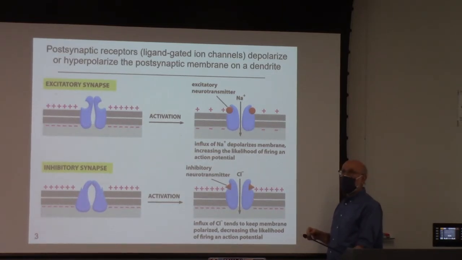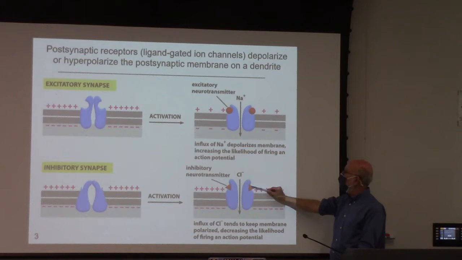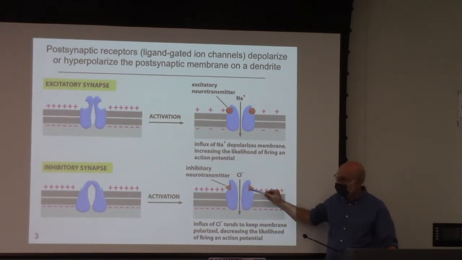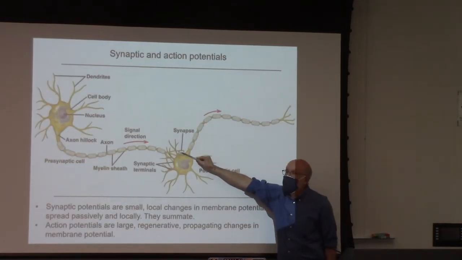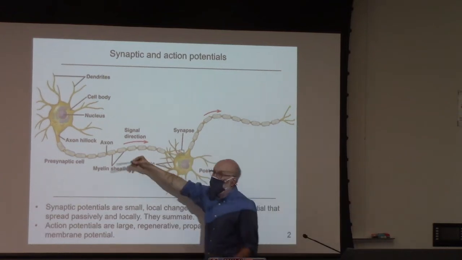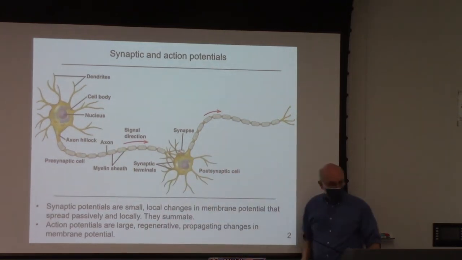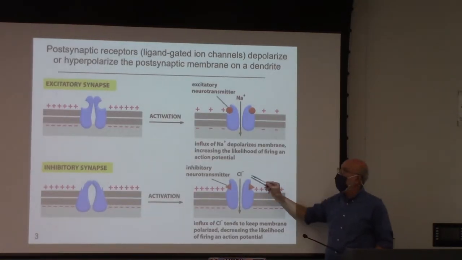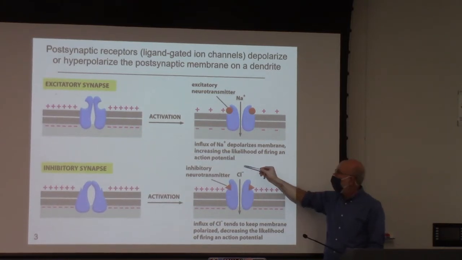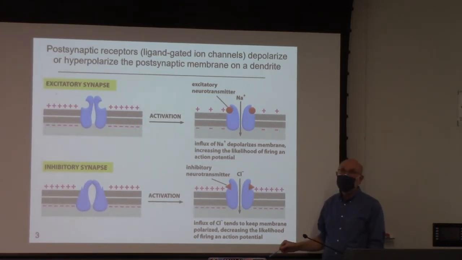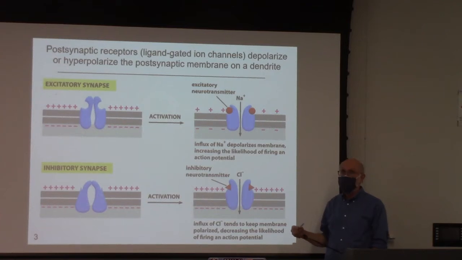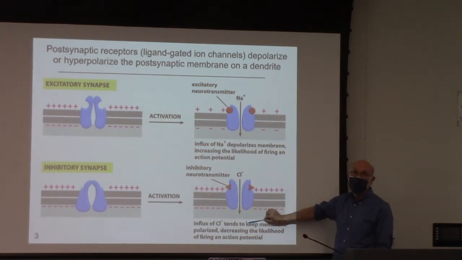If, on the other hand, the neurotransmitter released at this synapse by this cell, if it's a different cell, activates a chloride channel, chloride flows in, down its chemical gradient. Chloride is high on the outside, low on the inside.